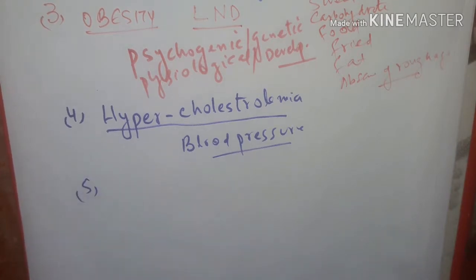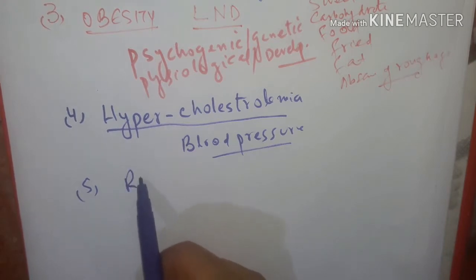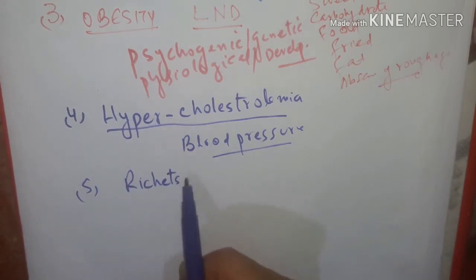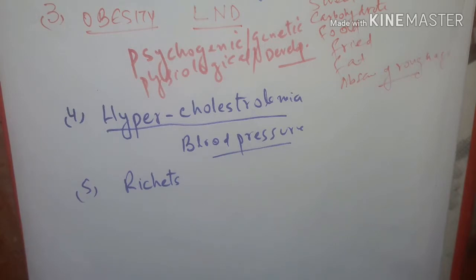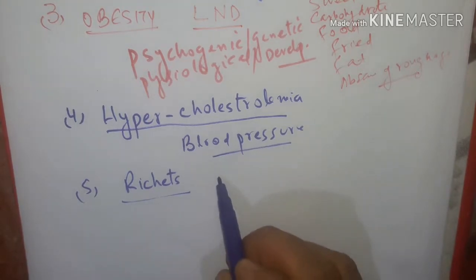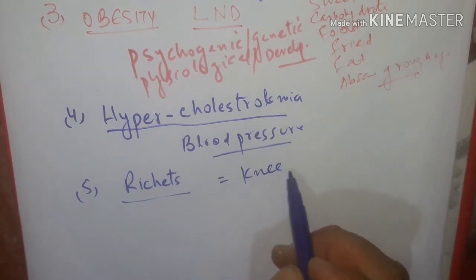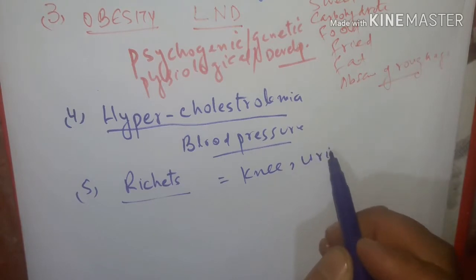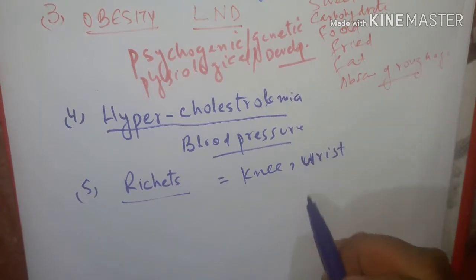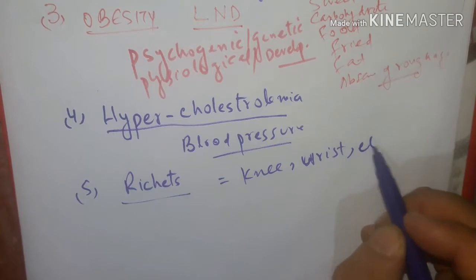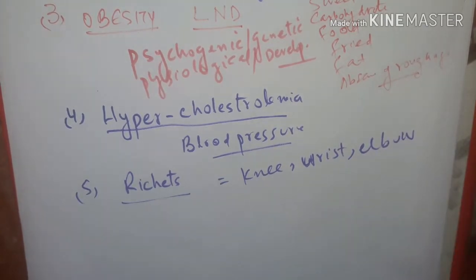Now, taking one more, the fifth one, is rickets. The disorder is due to deficiency or softening of bone, leading to bending and swelling of joints. In fact, the knee, wrist, and elbow, so three joints get bent and swollen. That means all three important joints on legs and arms.